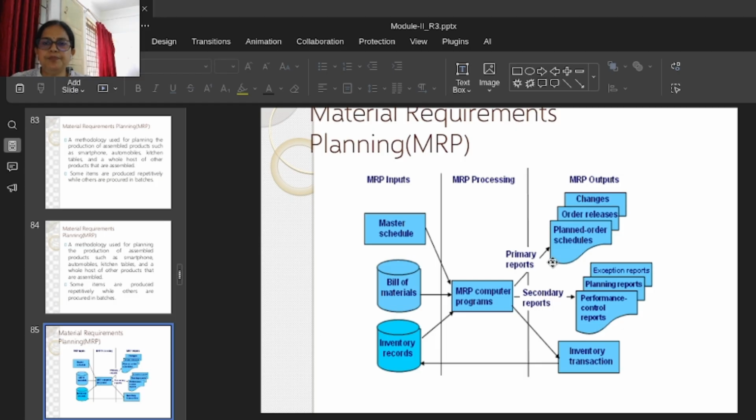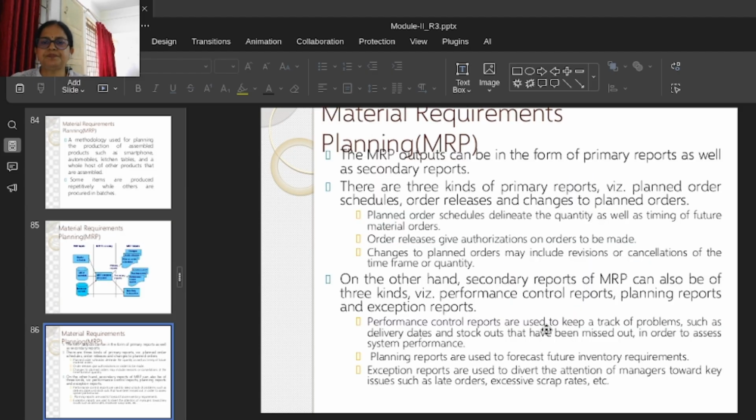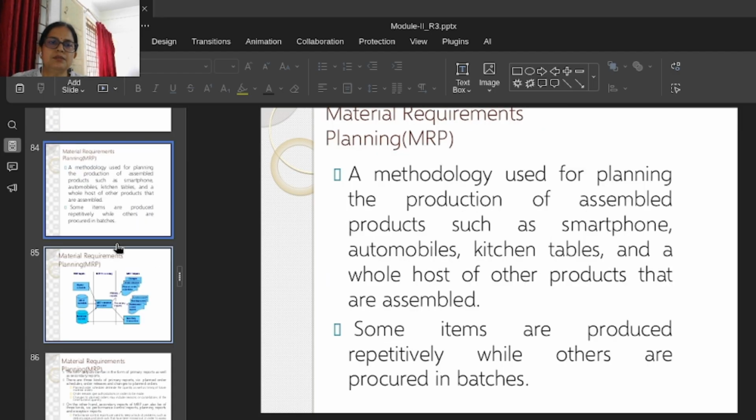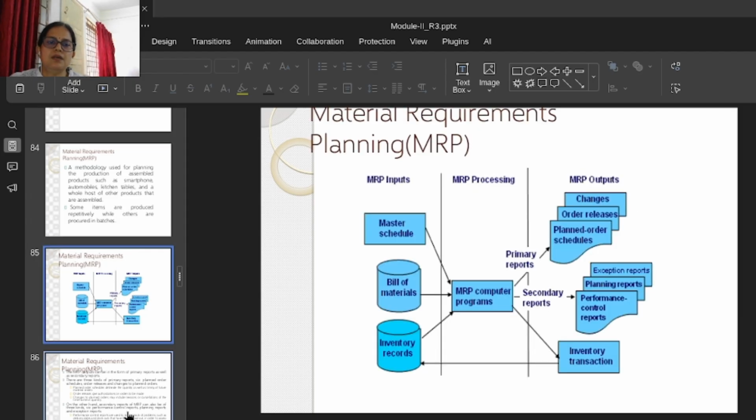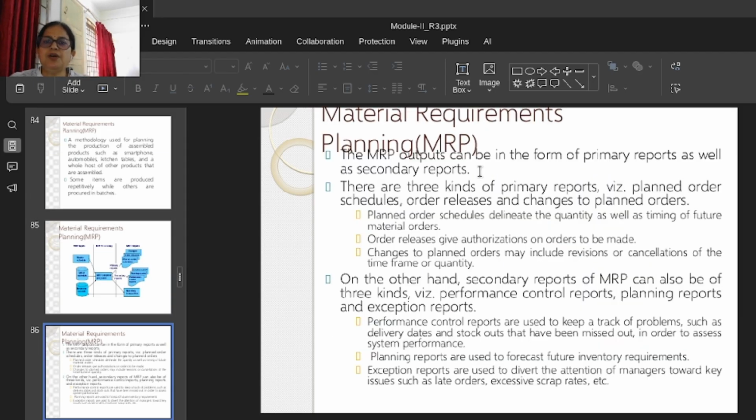Outputs are in the form of primary report and secondary report. Normally, we get a question on MRP: what are the inputs to MRP and what is the output of MRP. Here, the MRP output can be in the form of primary report and secondary report.